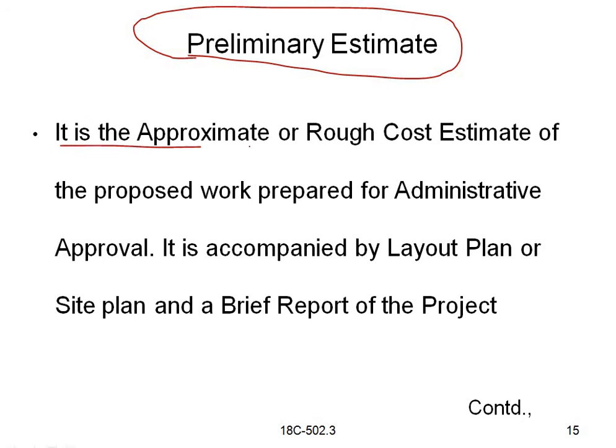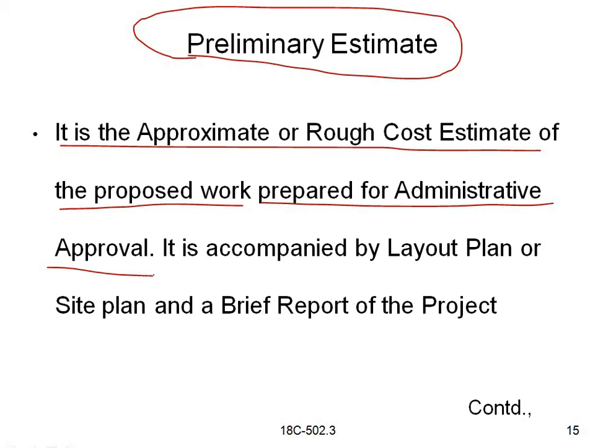So it is an approximate or rough cost estimate of the proposed work, prepared for administrative approval, and it is accompanied by a layout plan or site plan and a brief report of the project. Whatever projects there are, we prepare the estimates, and we call it the preliminary estimate.